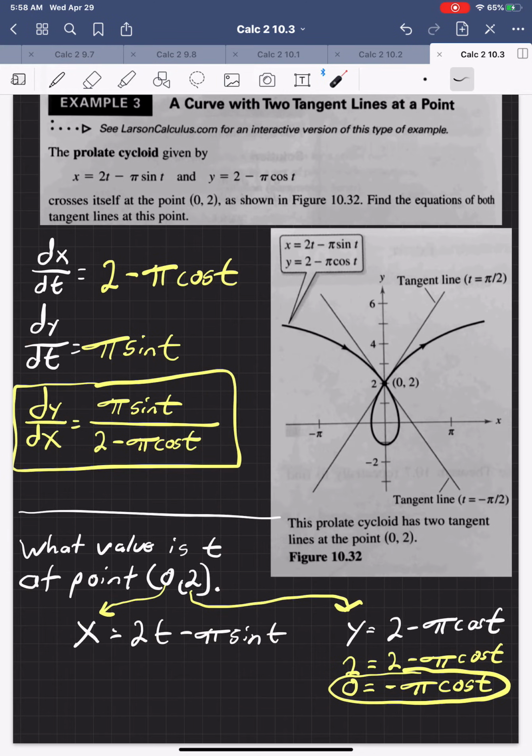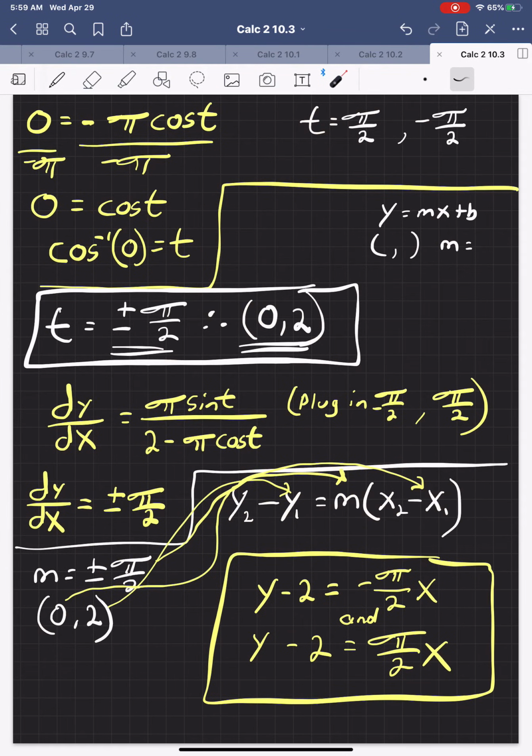It's so much simpler, though this is not for this class, if you just stay in parametric equations. t equals pi over 2 is the tangent line, and t equals negative pi over 2 is the tangent line. So much easier if you stay in parametric equations. But since we wanted our lines in rectangular, we had to go backwards.